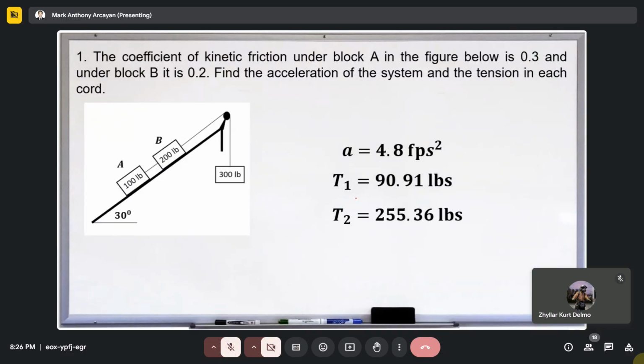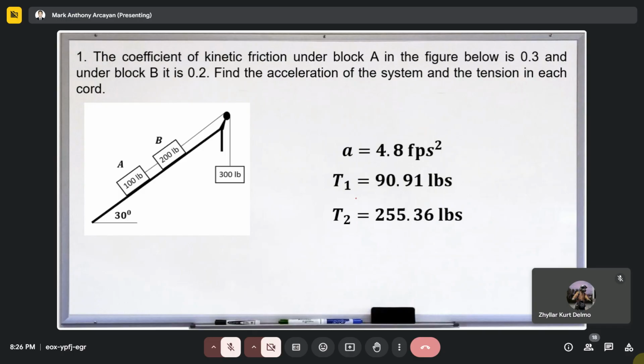Okay, let's start with this first problem. We are given a multi-particle system. We have three blocks here, A, B, and the last block, which is suspended in this cable. Let's read the problem.